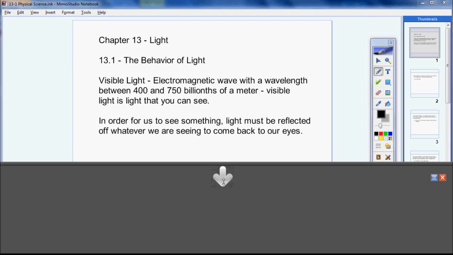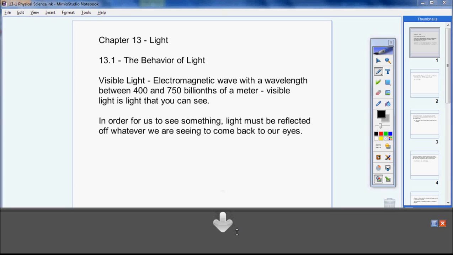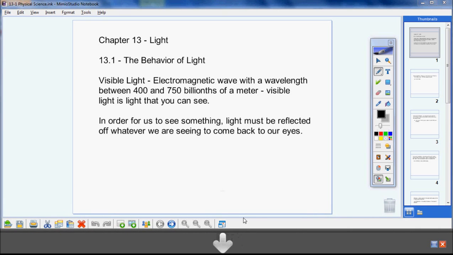If they're too small, your brain isn't designed to process them. So they are special electromagnetic waves. As we know, they're produced by an oscillating or a moving electric charge. And your brain is designed so that you can understand what the different colors are in this visible light part of the spectrum.